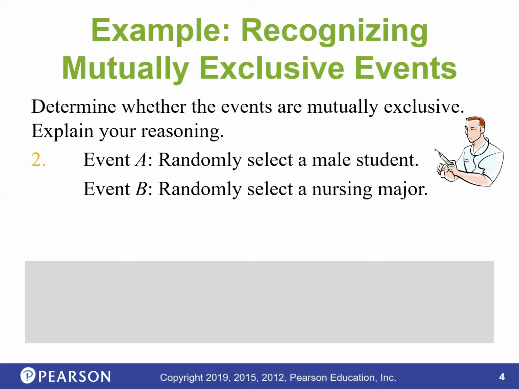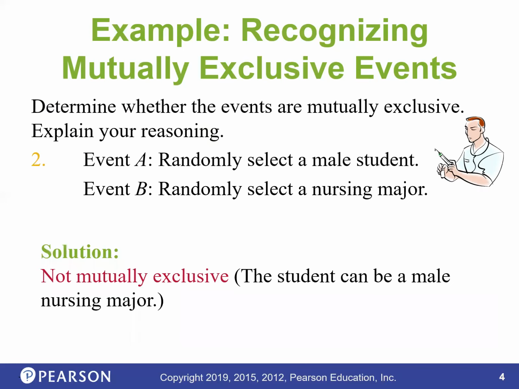Mutually exclusive or not mutually exclusive? We have overlap. I agree with Tristan. Not mutually exclusive, right? Can you have a male student that's also a nursing major? Absolutely. So there's overlap, not mutually exclusive.